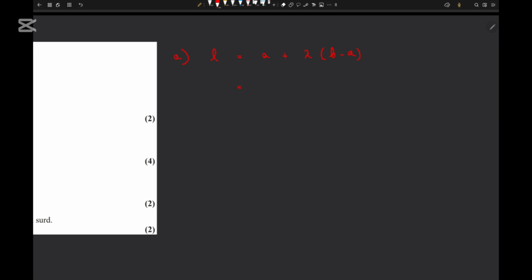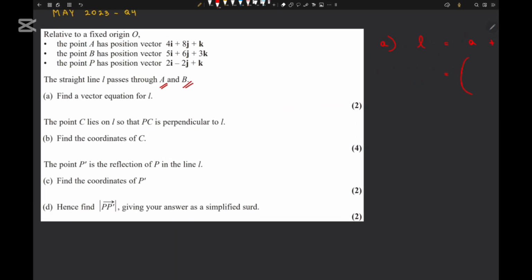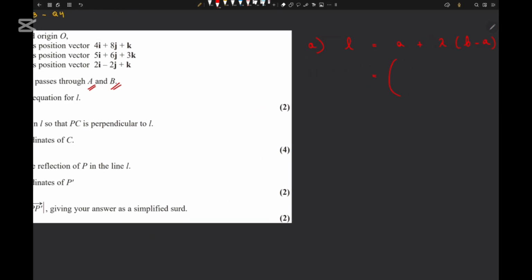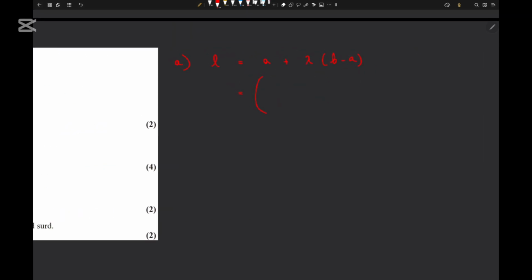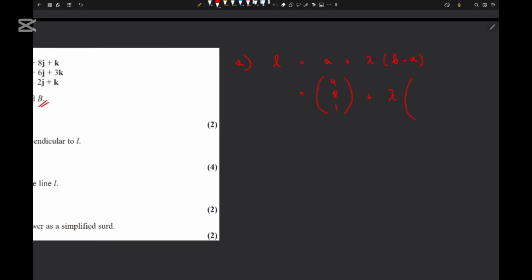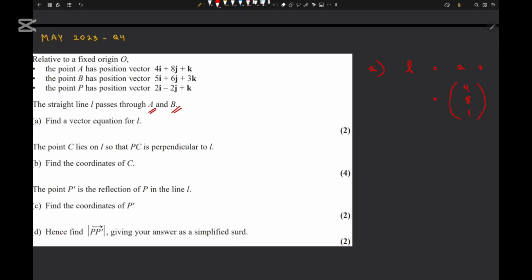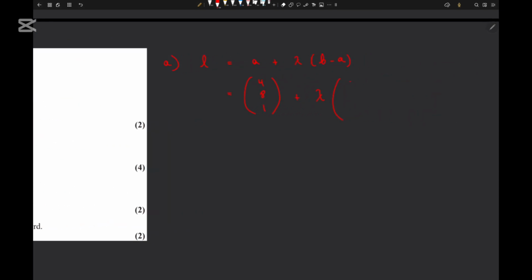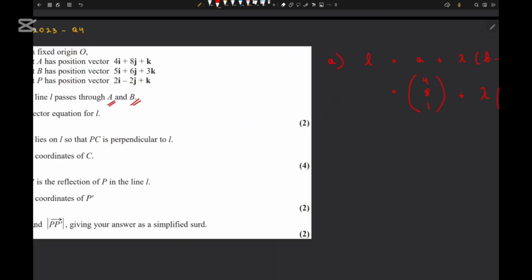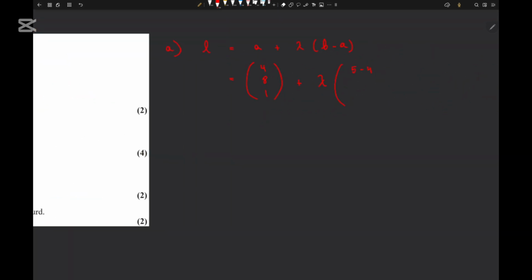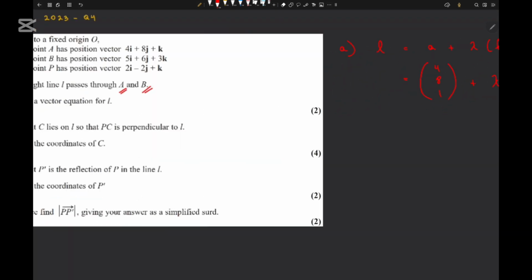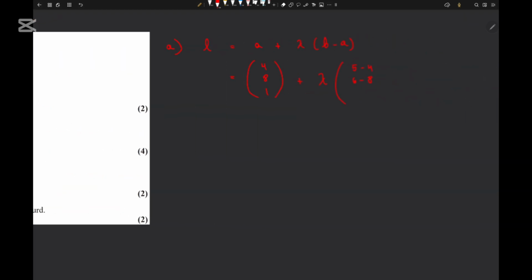So we know that for vector A, I mean the OA vector can be written as 4, 8, 1, plus lambda, the OB vector minus the OA vector. So it will be 5 minus 4, and 6 minus 8, and 3 minus 1.